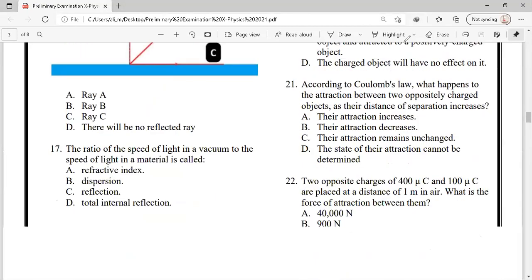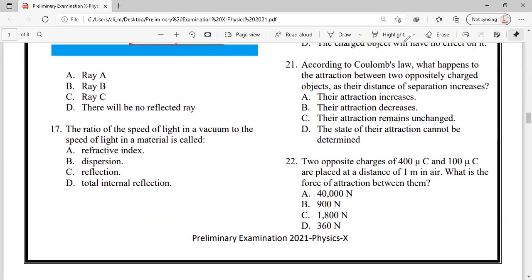Then we have question number 21 and 22. According to Coulomb's law, what happens to the attraction between two oppositely charged objects when the distance between their separation increases? So, if you recall, Coulomb's law states that F equals K Q1 Q2 over R squared.